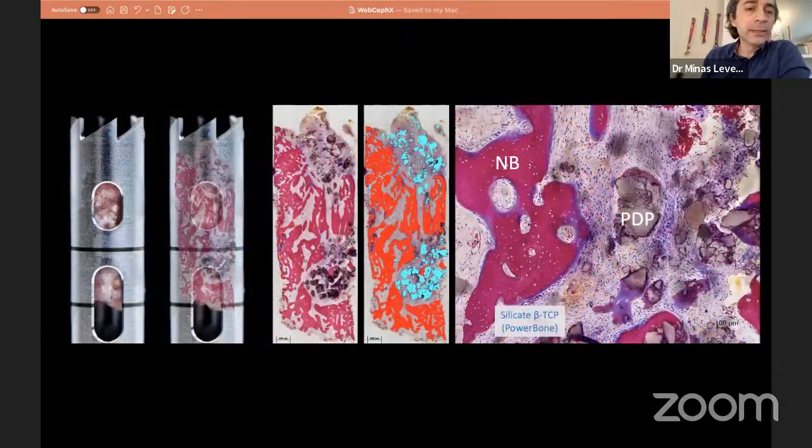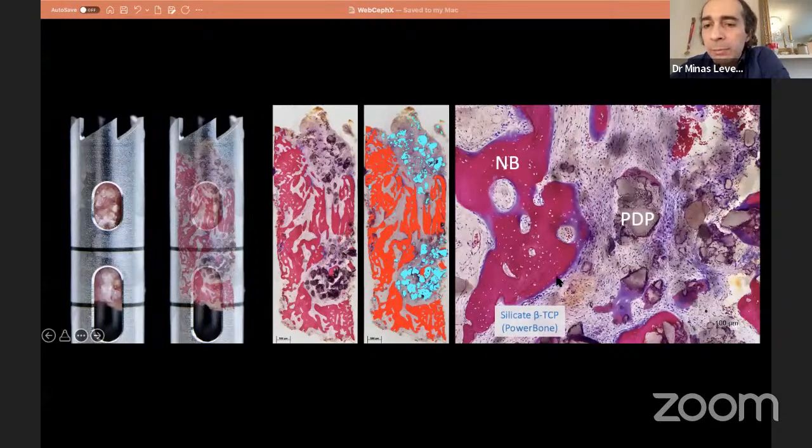Let's see what we can see here. So I take my trephine, and this is the tissue I harvest. And when we place this trephine with the bone into resin, then we can cut the whole trephine with the bone with a sharp knife and place this under the microscope. So we see with this staining the new bone, which is red.